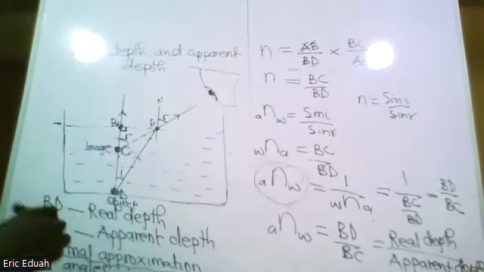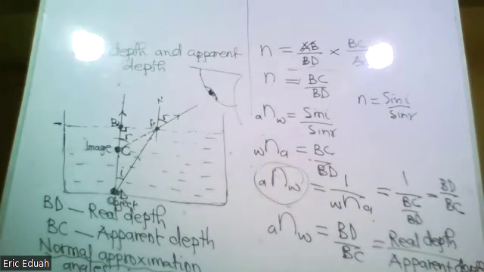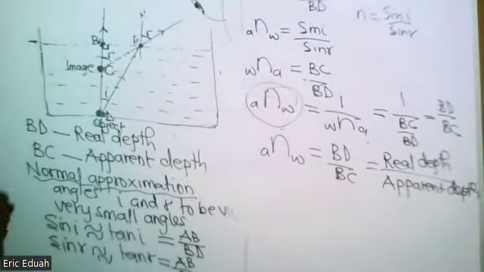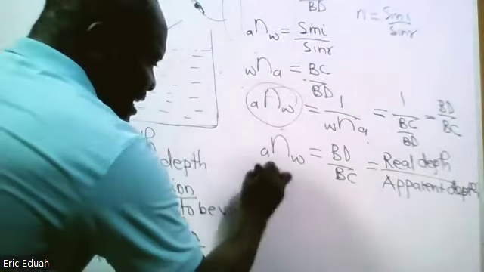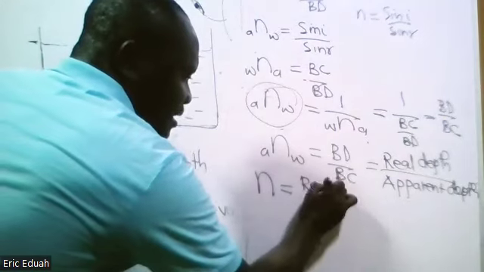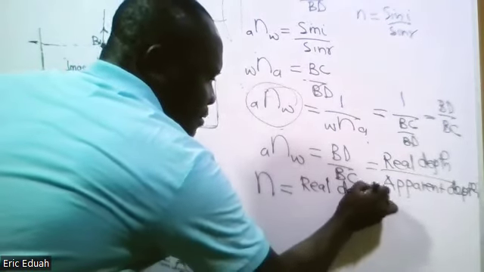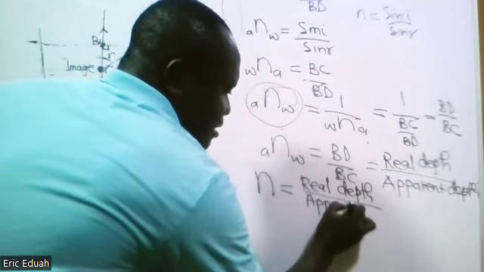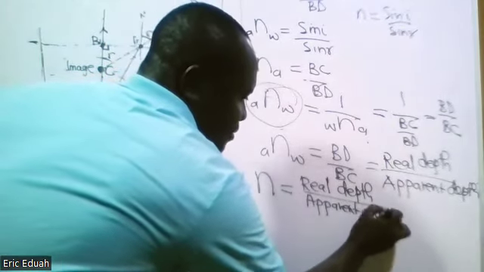And so, whenever an object is dropped in water, the refractive index N of the water or of the liquid can be determined by its real depth over its apparent depth.